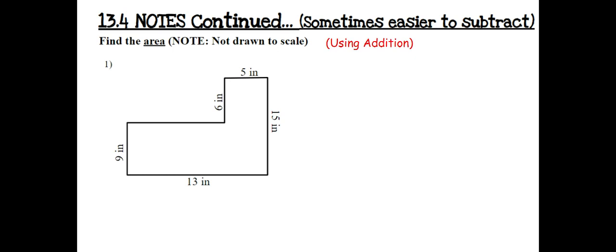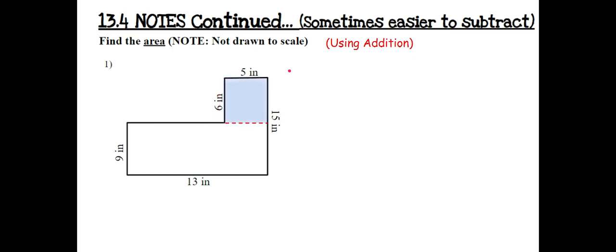As a review, let's first of all do this using addition, which means I'm going to divide my figure right here on this dotted line. And I'm going to first find the area of that top rectangle. Notice how I said rectangle and not square, even though it kind of looks like a square, because it's not exactly perfectly even. It's 6 by 5.